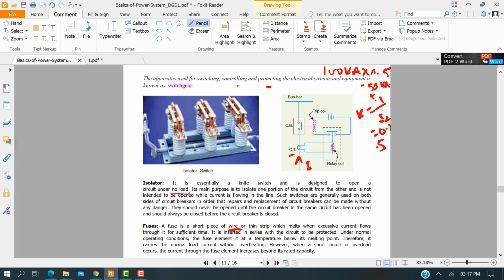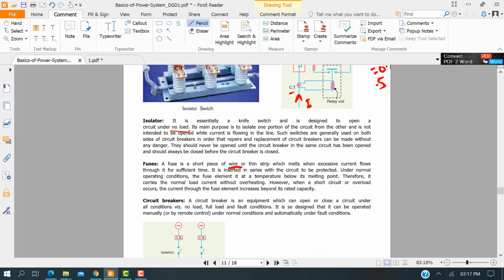But a circuit breaker can't detect the fault current. The fault current is detected by the relay coil through the current transformer, and the circuit breaker's job is just to isolate. So it can only isolate, not identify. That's the basic difference.